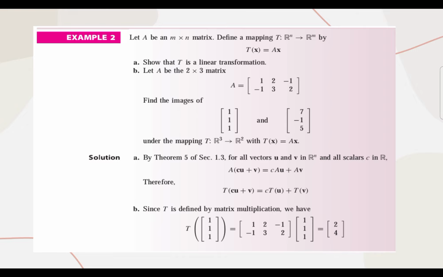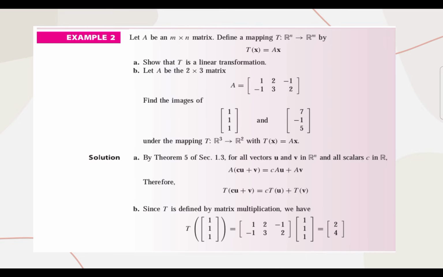B: Let A be the 2 by 3 matrix where A = [1, 2, -1; -1, 3, 2]. Find the image of (1, 1, 1) and (7, -1, 5).